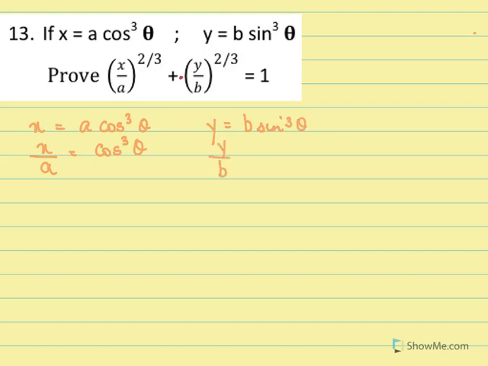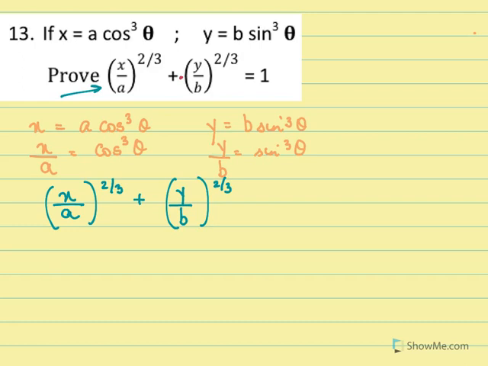So y over b equal to sine cube theta. We have to find the value of x over a to the power 2 by 3, y over b to the power 2 by 3.